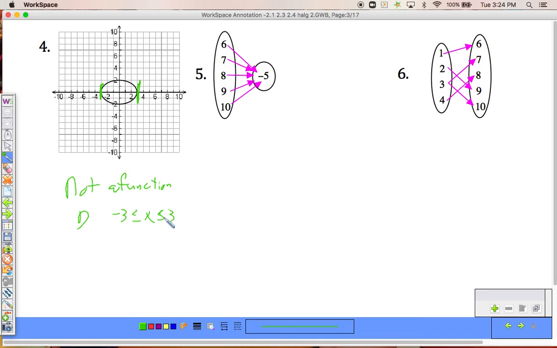It's an and statement. My range starts at -2 and goes up to 2. So this is like between. My x's are between -3 and 3. My range, my y's, are from -2 to 2.